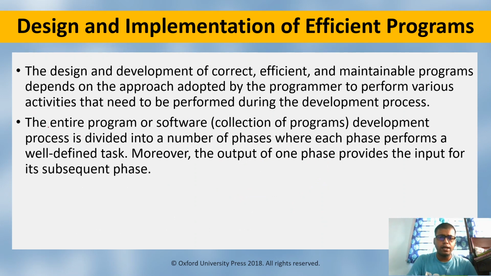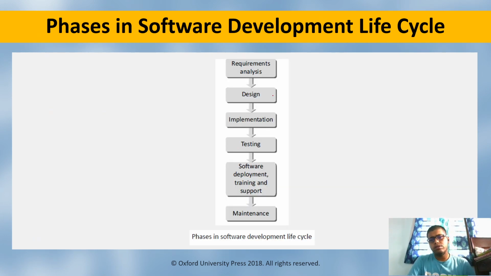Now, the design and efficient implementation of the program has to be done by the programmer. The programmer has to perform various activities during the development process. This is the programming life cycle, or software development life cycle. We have to consider the requirements and analyze them, and then based on the analysis, we do the design.